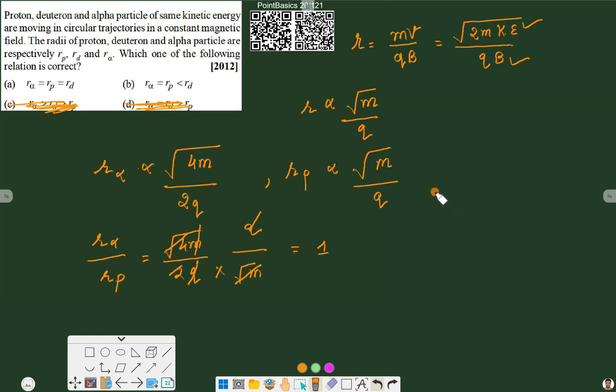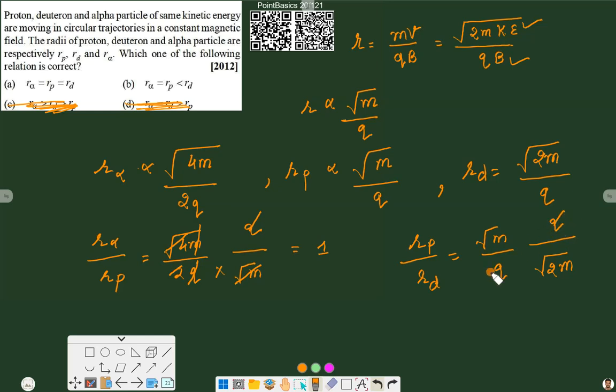So we have to do calculation only for the proton and deuteron. Now for the deuteron, we know that deuteron has twice the mass of the proton because it has an extra neutron. So mass becomes 2m and charge is the same, that is q. Now comparing proton and deuteron, Rp by Rd will be root m by q over root 2m by q.